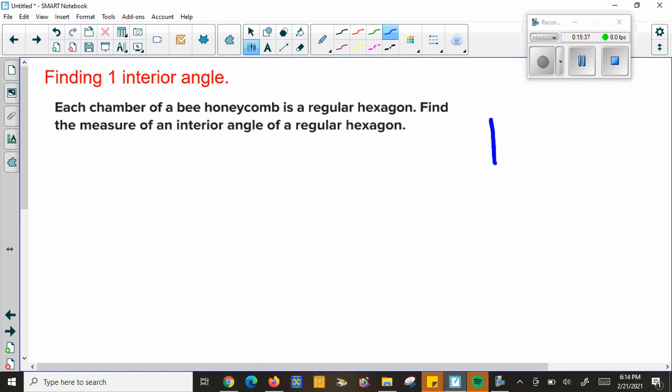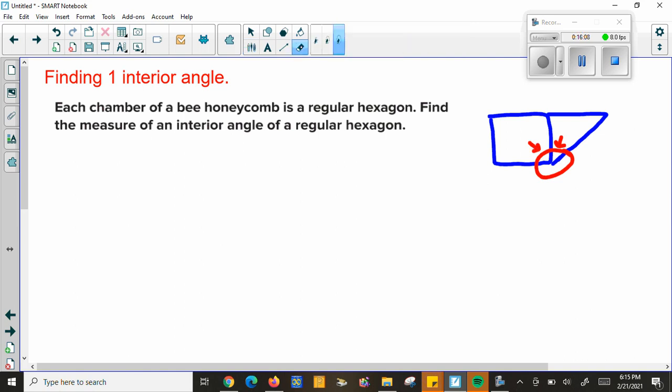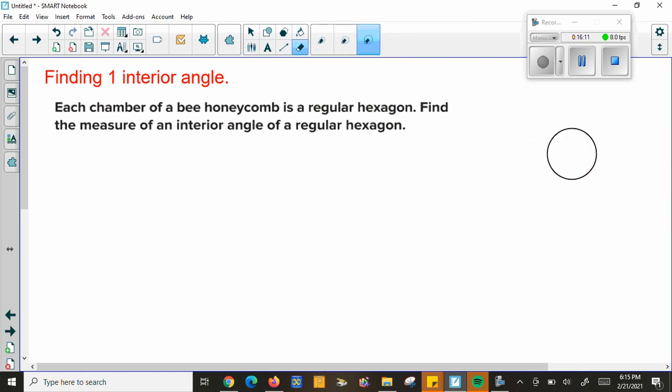So like if I have, say, a square and I put it next to a triangle, sometimes I might be trying to figure out what these angles add up to. So we would need to find what one angle is from the square and one angle is from the triangle. Though we're not using that here, that is an application of this information.